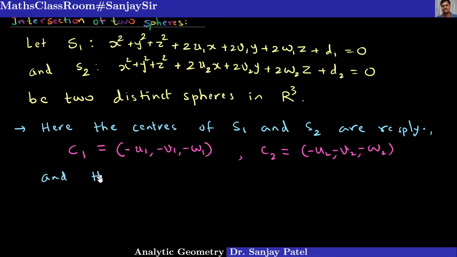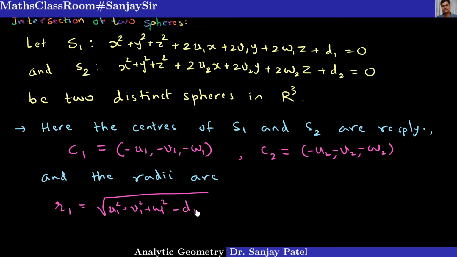Also the radii of the two spheres are, say, R1 and R2. The radius of the first sphere R1 is the square root of u1 square plus v1 square plus w1 square minus d1.